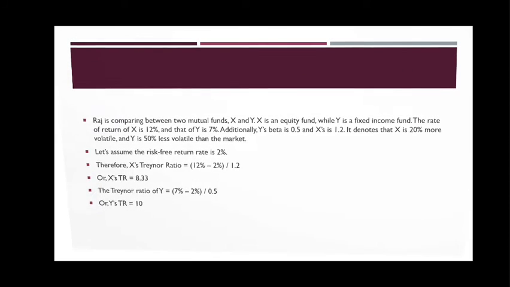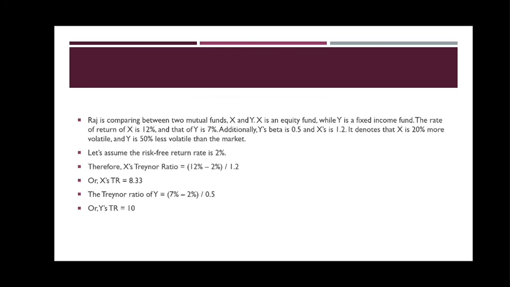We get Treynor ratio. Suppose Raj is comparing two mutual funds, X and Y. X invests in only equity, Y invests in only fixed income funds. The rate of return of X is 12%, R equal to 12%, whereas for Y R equal to 7%.